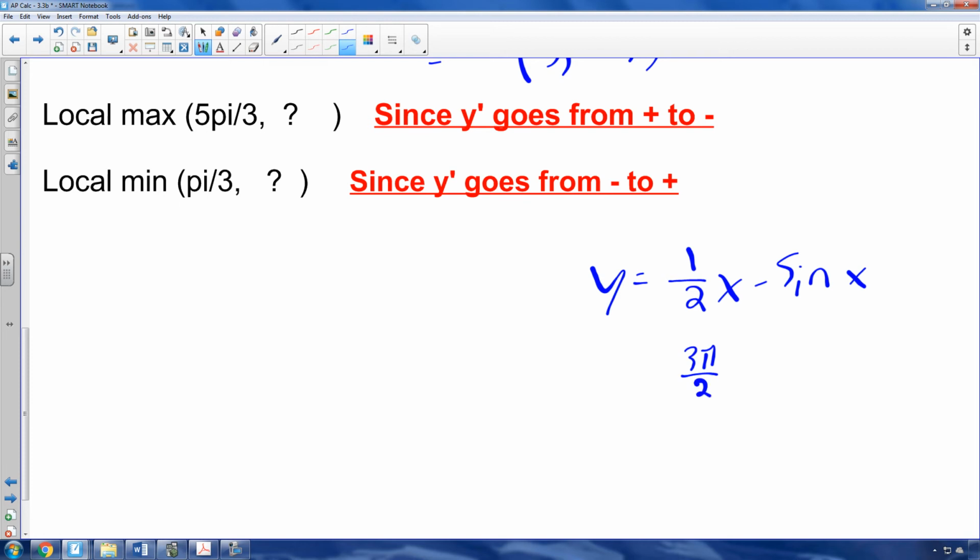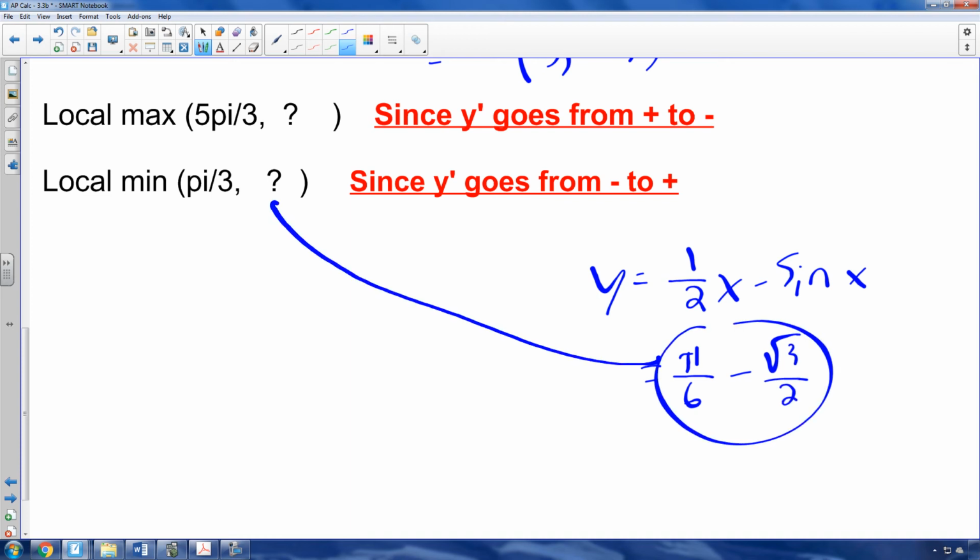Is that right? No, that's not right. We have pi over 6, I think. So we'll have pi over 6 minus sine of pi over 3. Sine of pi over 3 is, I think, root 3 over 2. So that's my first y value. This right here is going to go right there.